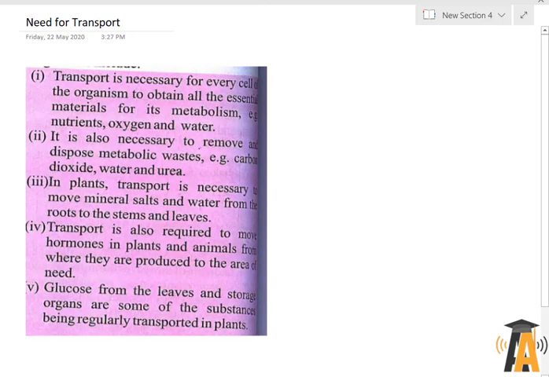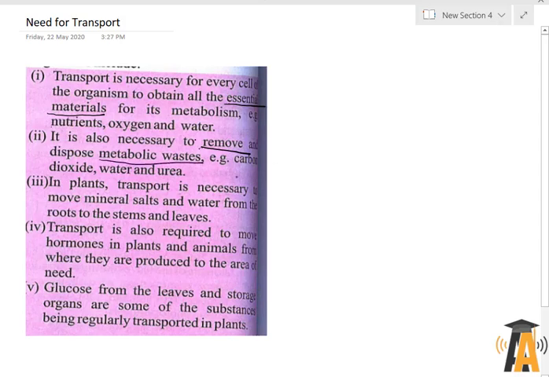Next, we'll be looking at the need for transport. Transportation is very necessary because it helps organisms to move around essential materials or essential nutrients, such as nutrients from the food we eat, oxygen, water, etc. Transportation also helps the body to remove metabolic waste.